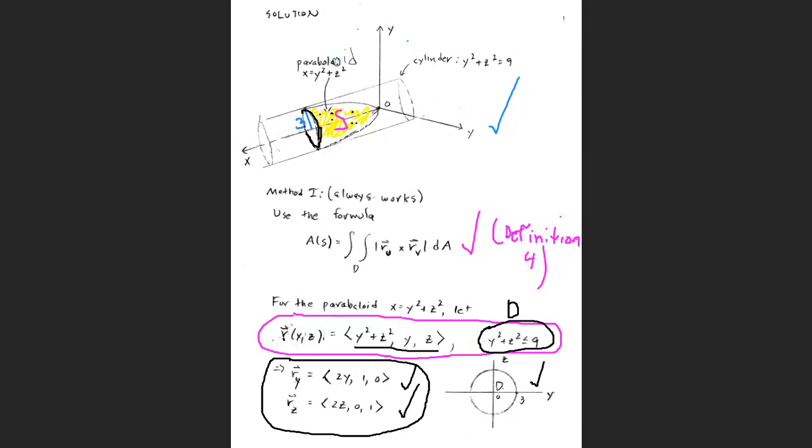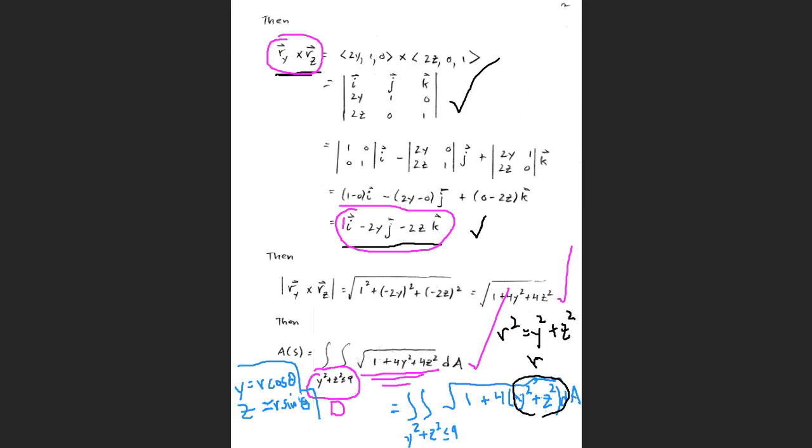Here is region D. It's a circle with y as the axis. So going from the yz coordinates to r theta polar coordinates, this all makes sense.